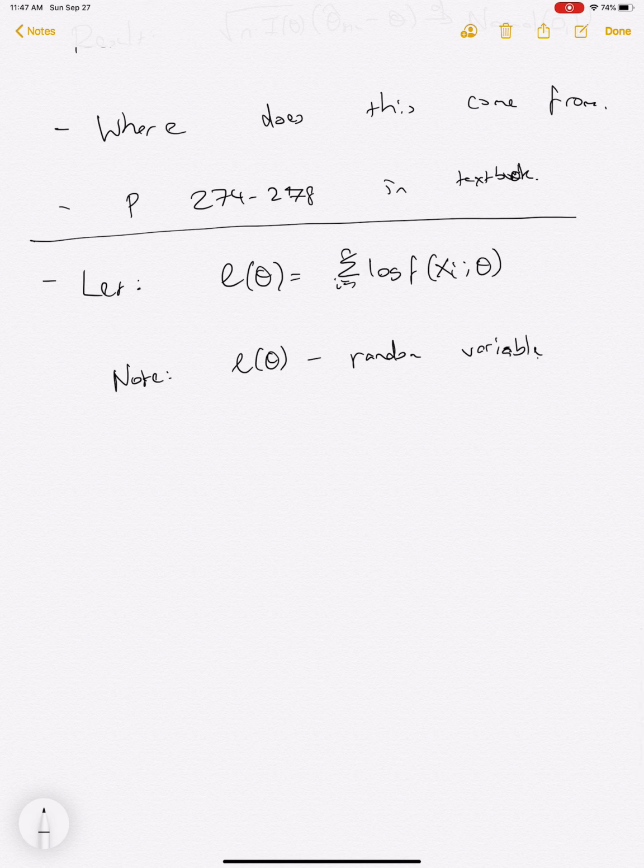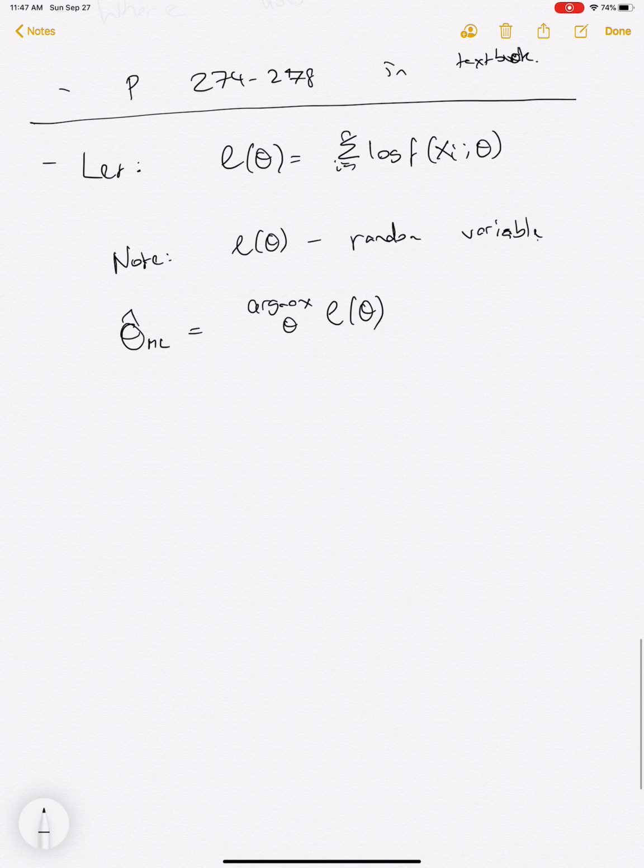And the first thing we should note is that we know that theta hat ml equals argmax over theta of L of theta, right? And so what that means is, if you take the derivative, and I'm going to use this prime notation, you can say that L prime of theta hat ml equals 0. So L prime is the first derivative.